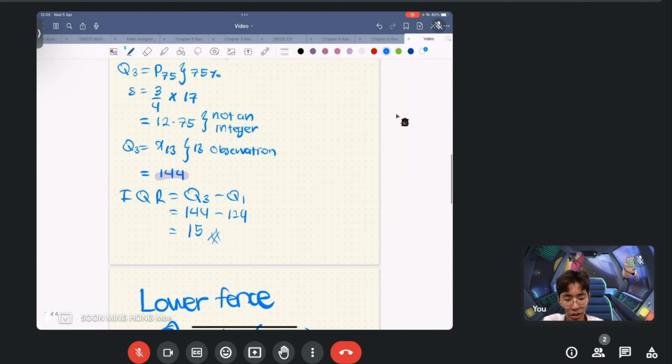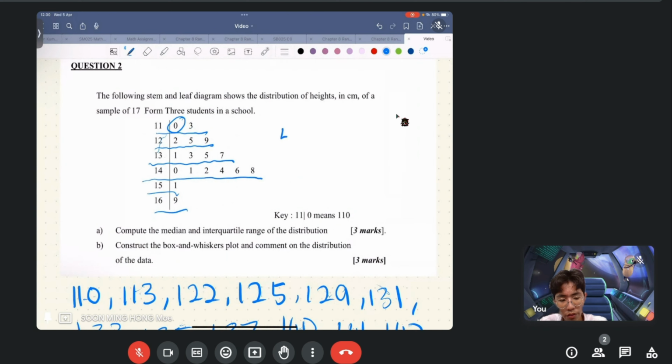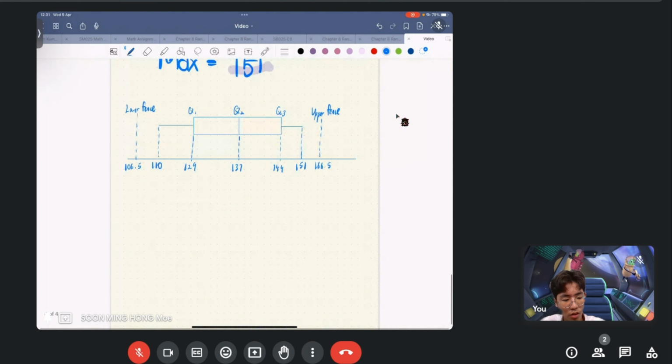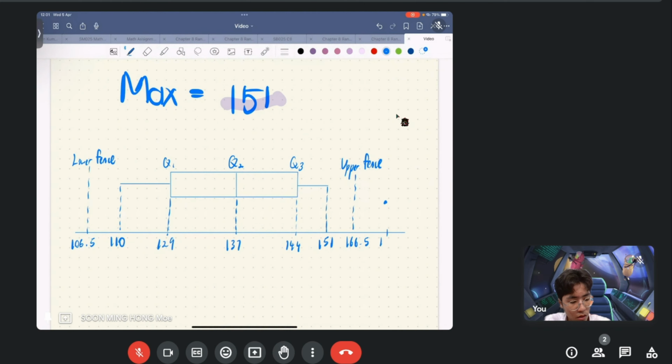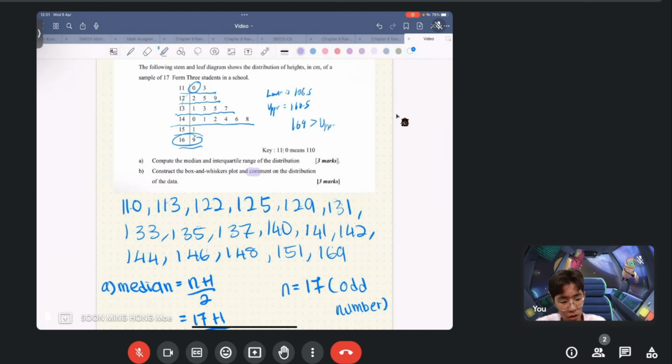Okay, after this, we need to know whether all our values are inside the lower fence and upper fence. So we see back here. Our lower fence is 106.5, and our upper fence is 166.5. Okay, we see the last one. This 169 is above the upper fence. So we need to list that 169. So the question asks us to give a comment on the description.